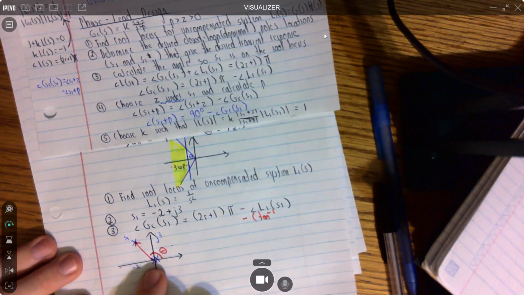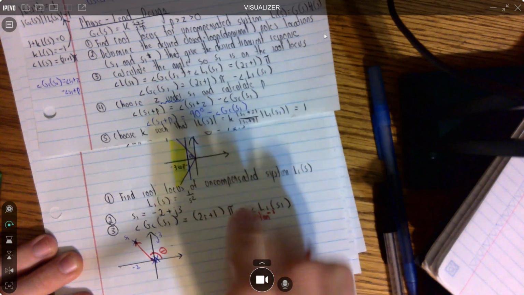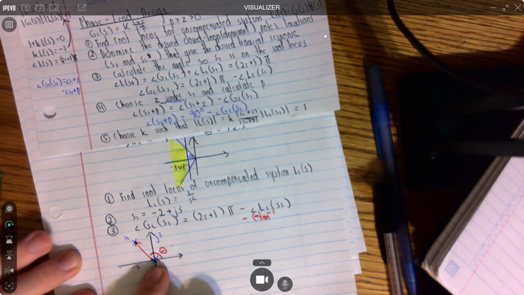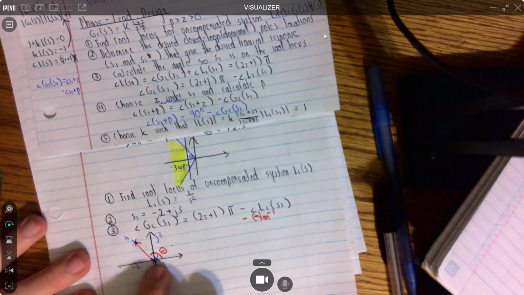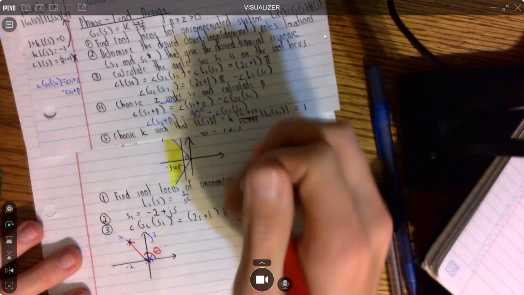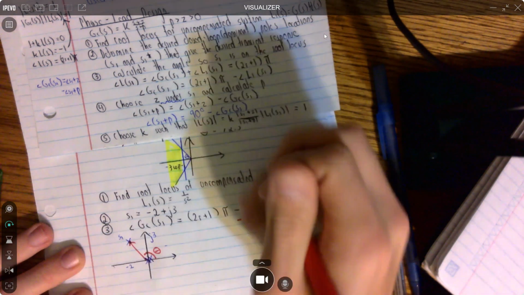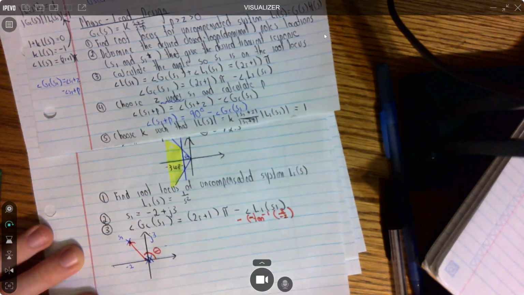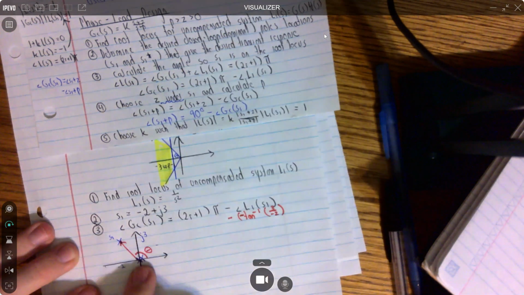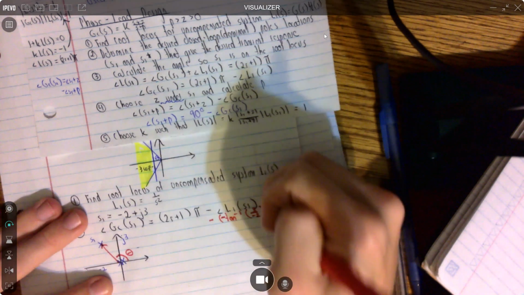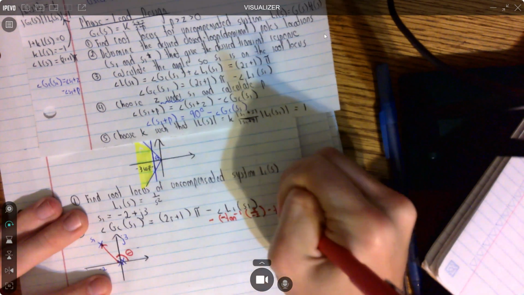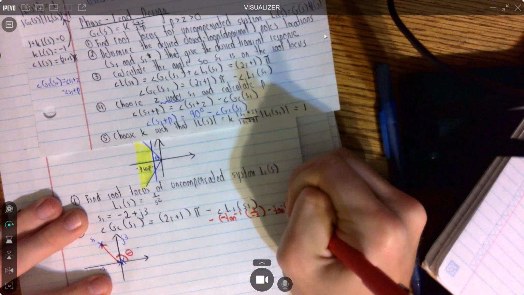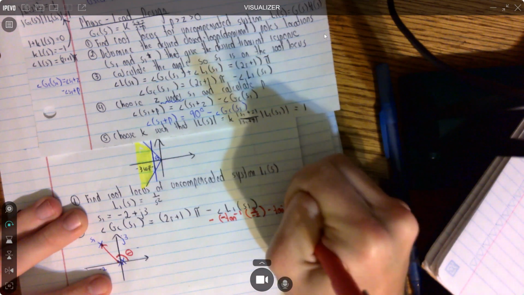So because it's a pole, it's actually going to be a minus in front because it's in the denominator. Remember your transfer function, poles are in the denominator, so when you calculate the angle of them, it's going to be minus. So minus tan inverse, and then the imaginary part is 3 all over the real part is -2. And so that's for one pole. Remember, we have two poles. So it's going to be minus tan inverse 3 over -2, and then our other one is minus tan inverse 3 over -2, because we have two poles there.